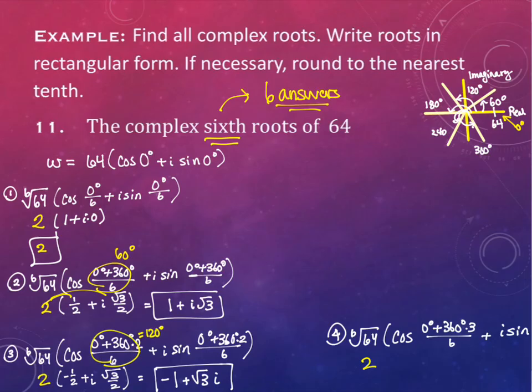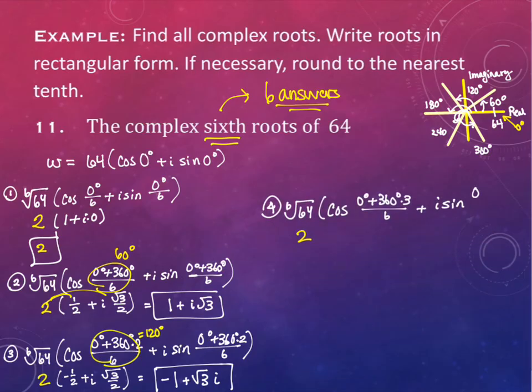Okay, we have our fourth one, over here. 0 plus 360 times 3 divided by 6. All right, so what is 360 times 3 divided by 6? This one's 180. Ooh, so we're actually on the axis. So on the axis, what is the cosine value on the negative x-axis?